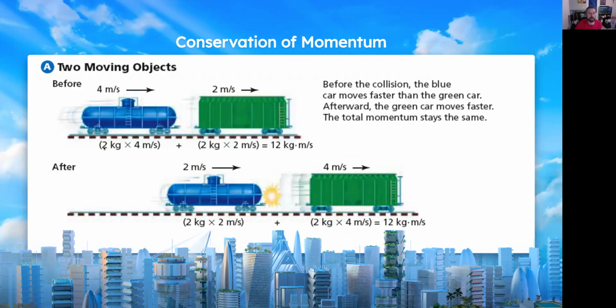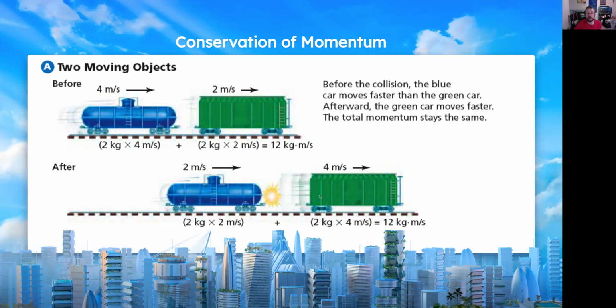If this train car has a mass of 2 kilograms, which, by the way, would be like a toy train car, a little bit less than 5 pounds. 2 kilograms times 4 meters per second. And this train car also has a mass of 2 kilograms. The total momentum is 12 kilogram meters per second, or 12 Newton seconds. And then we have here afterwards, right? These collide.